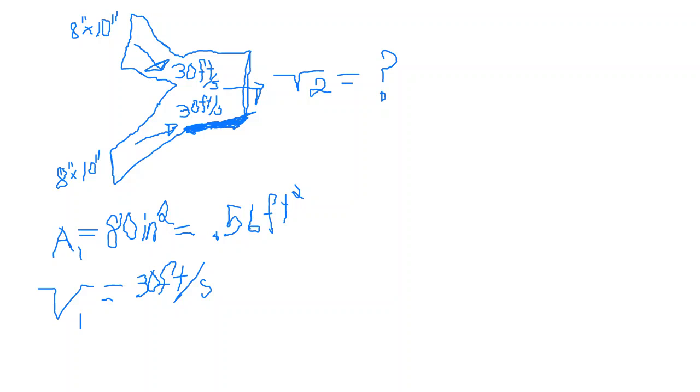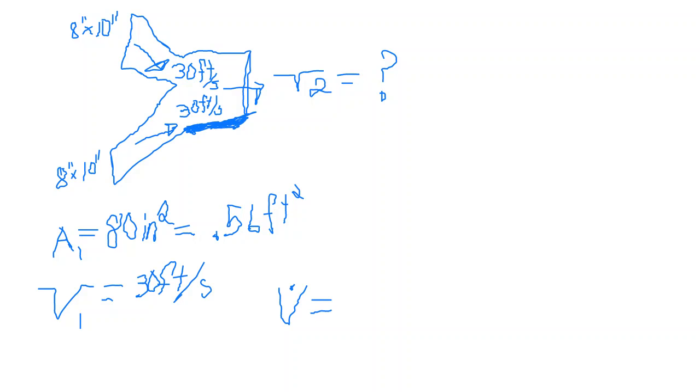That is a plus. So we got 0.56 feet squared for A1. We got 30 feet per second for V1. Now, what is V dot? Now, we've already solved this, right? So we don't even have to solve it again. So what is V dot?